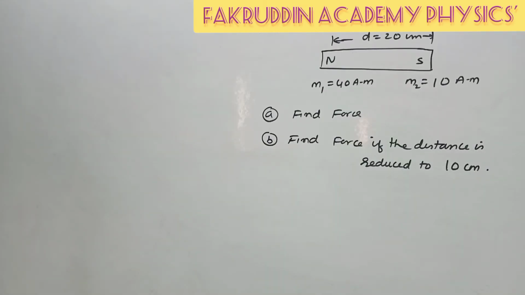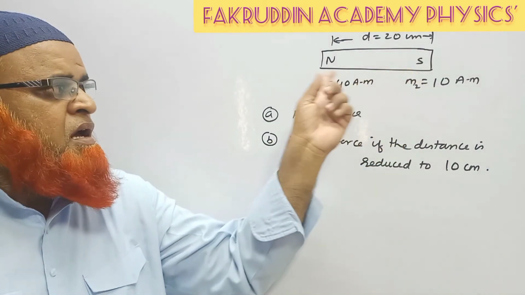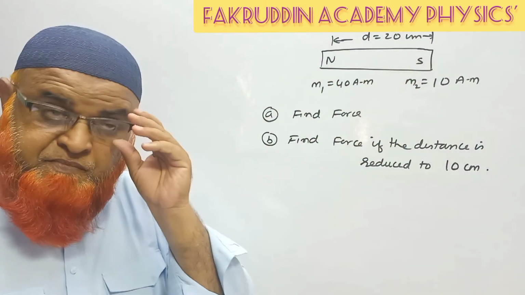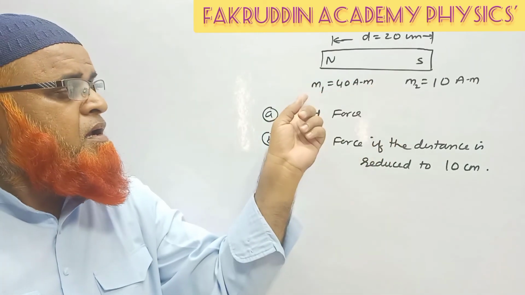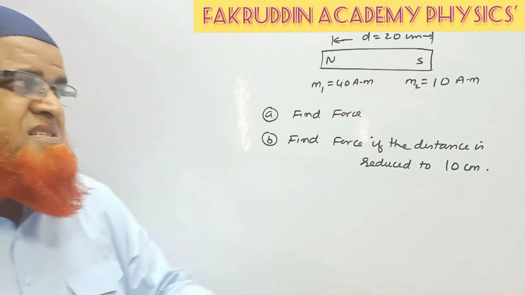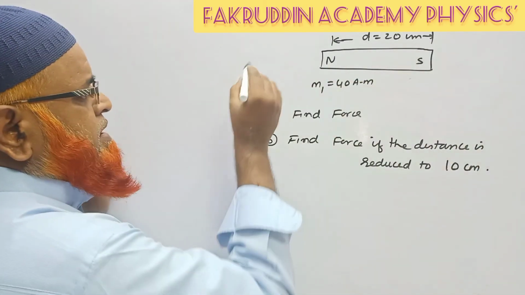Now just see here. One small example I am giving you. There is a magnet having a north pole and a south pole, and pole strengths are given.